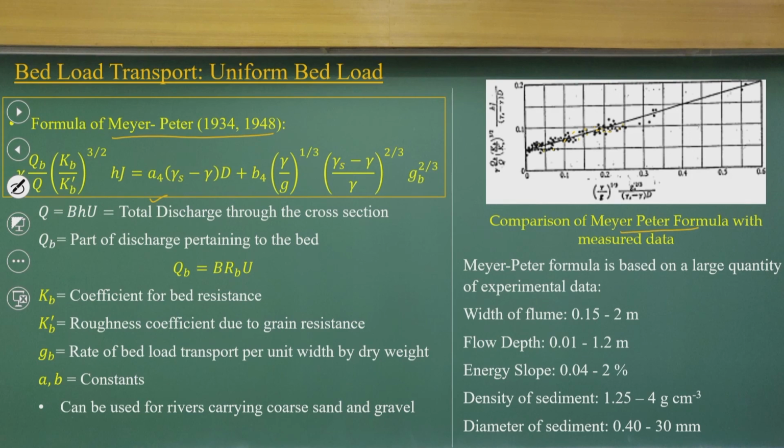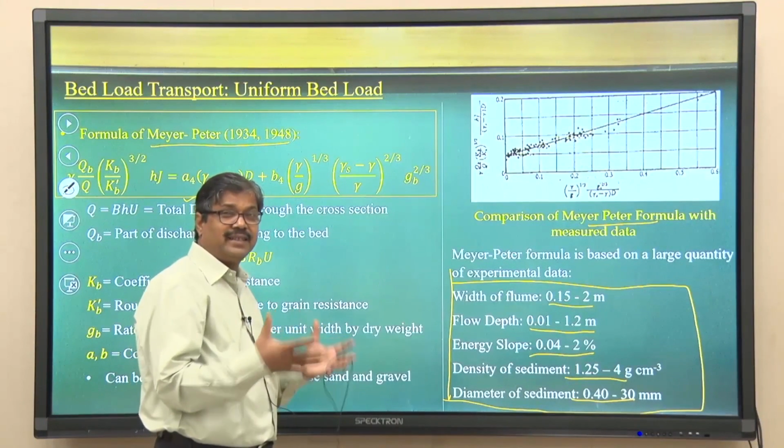So, that is a comparison of the formula, and this is the range of the data used, a large quantity of experimental data: the flume width from 0.15 meter to 2 meters, flow depth from 1 centimeter to 1.2 meters, energy slope from 0.022%, the density also varying from 1.25 to 4 g, and diameter of sediments going up to 30 meters. So, it is a huge data set, it is data mining.